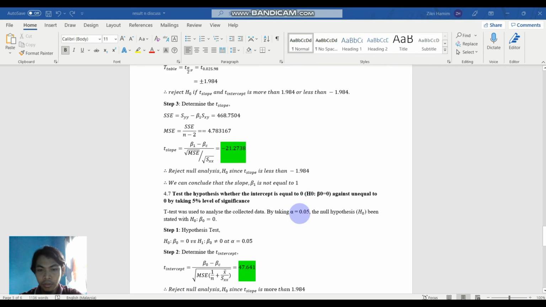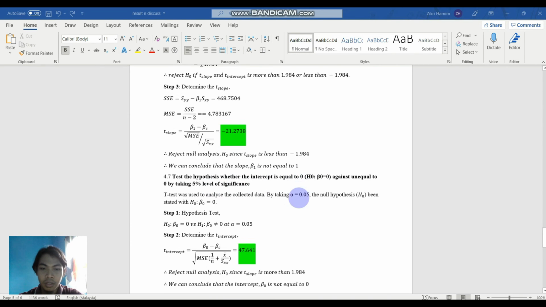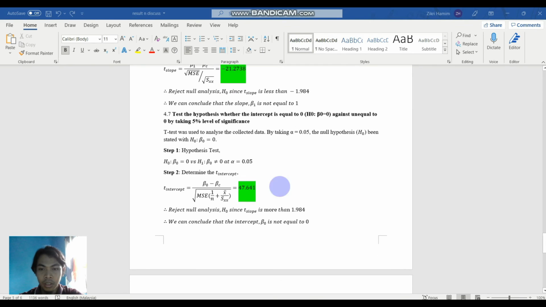So for the hypothesis whether the intercept is equal to 0, the given null hypothesis is B0 is equal to 0. So it is same as above. We will need to calculate and use the step. Hence, we will get the t-intercept is equal to 47.641. So we can reject the null hypothesis H0 since the t-intercept is more than 1.984 that we calculated above on the t table.